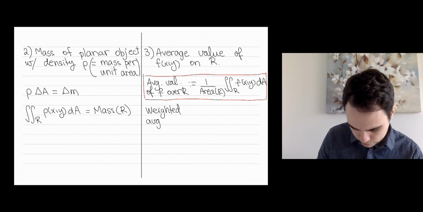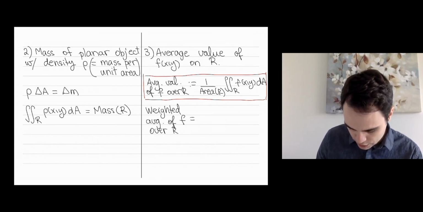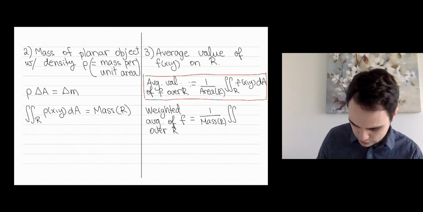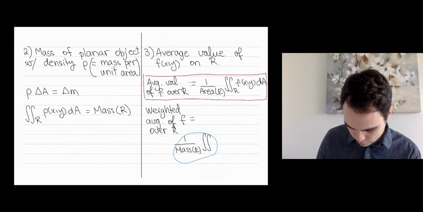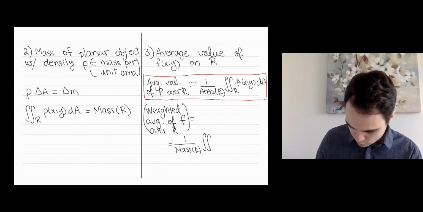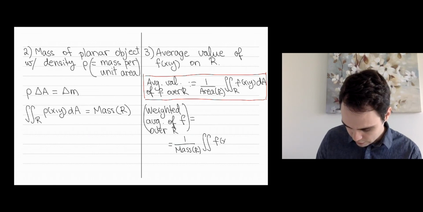average of f over R, and that average is 1 over the mass of the region, multiplying one over the mass times f of x, y times rho of x, y dA.